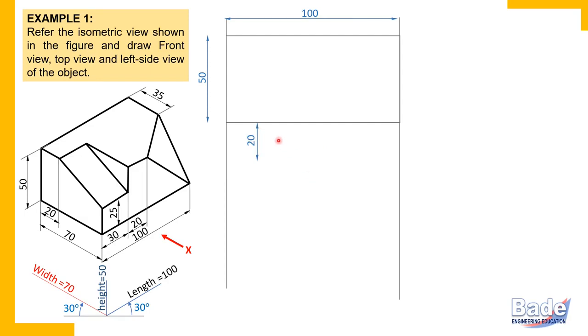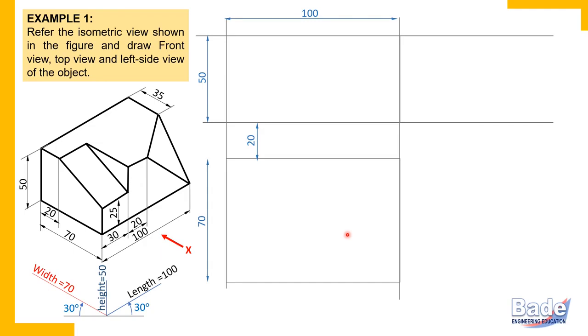Really speaking, it is not necessary to measure exactly 20 millimeters, but approximately, because this 20 millimeter is not any edge of the object. It is just enough space between the front view and top view. So measure approximately 20 millimeter and draw the rectangle with side 70, but really speaking it's not height. In the top view, width appears vertically and length appears horizontally. So we have the front view rectangle and the top view rectangle.